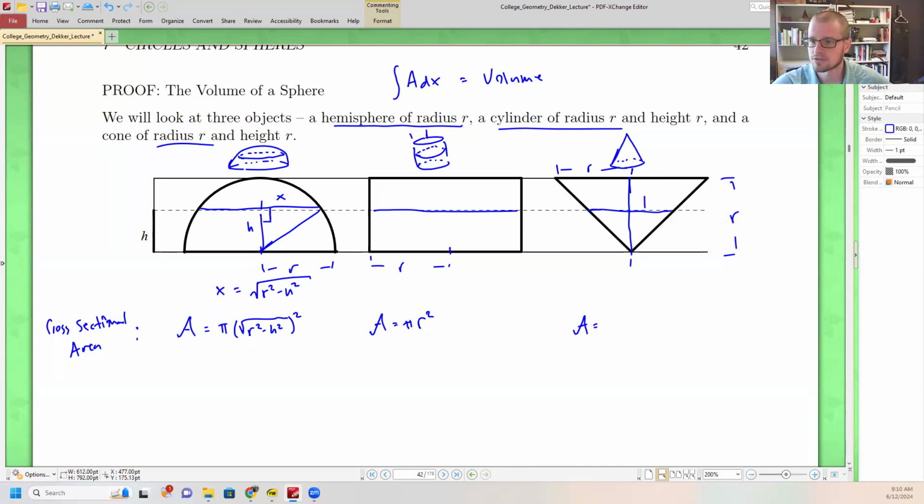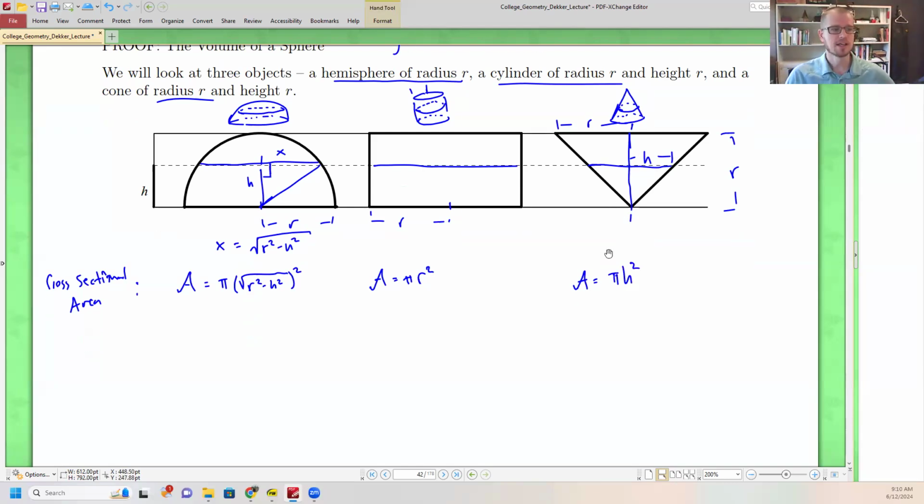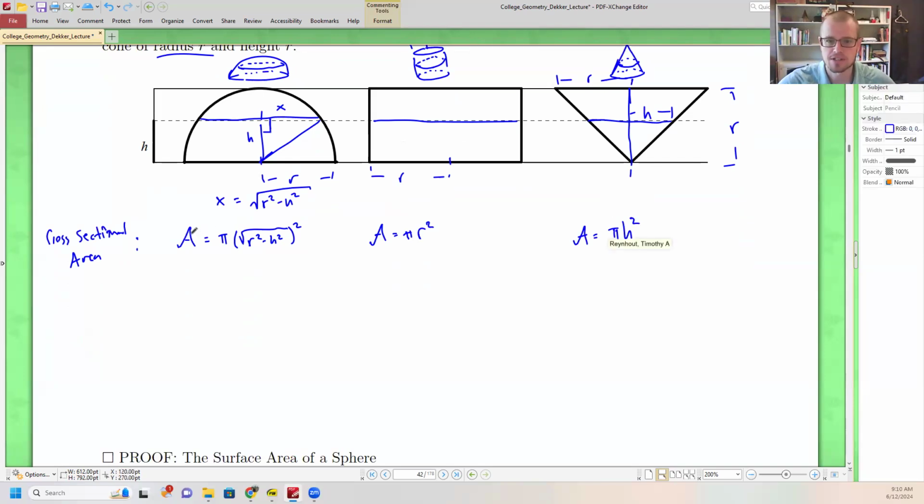So the radius of our cross section, again a circle, is also h. So the area of that cross section is pi times the radius of the cross section squared. Fantastic.